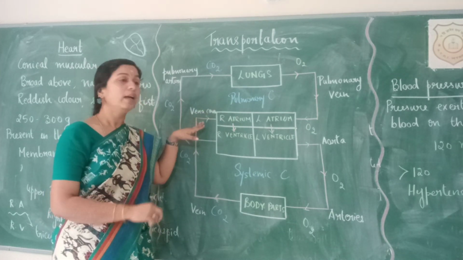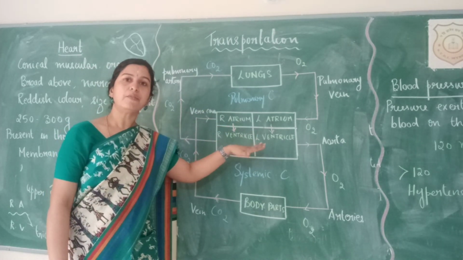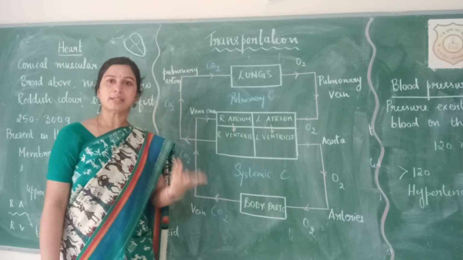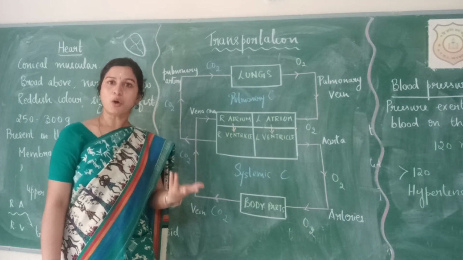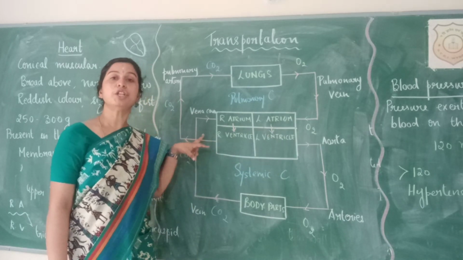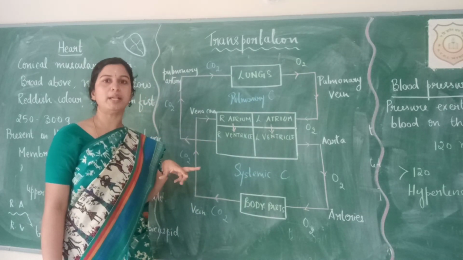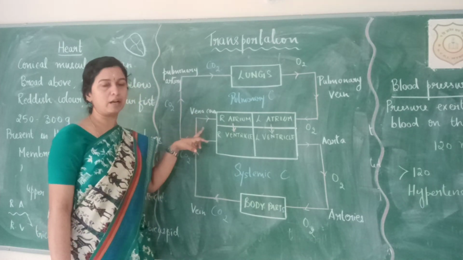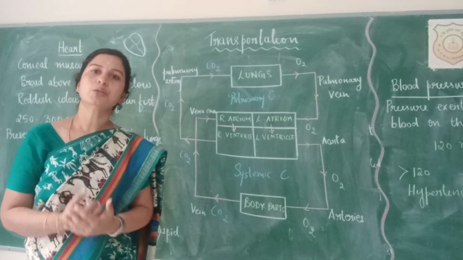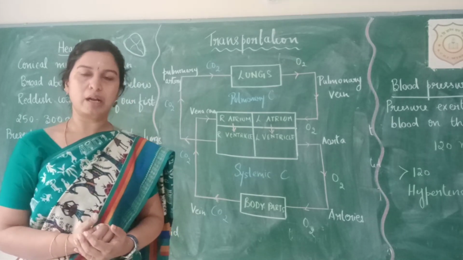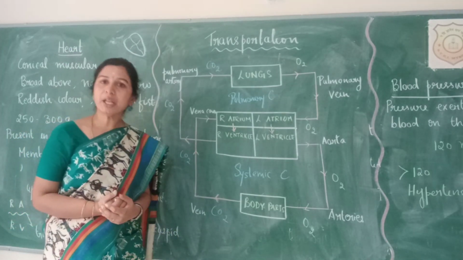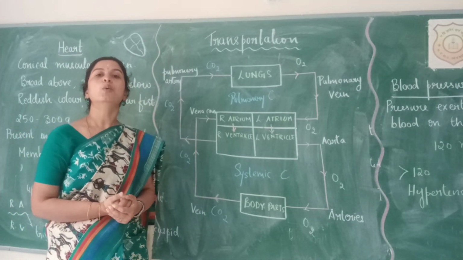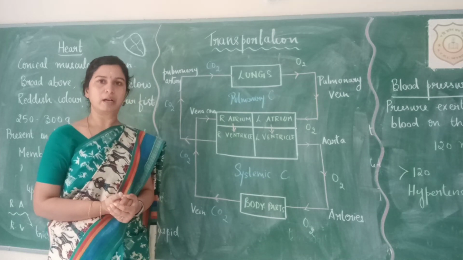Okay, and which is the giant artery which takes the blood and passes it to the different small arteries? That is the aorta. And which giant vein will take it from different veins and bring it back to the heart? That is the vena cava. Also remember there are two types of vena cava: the superior vena cava and the inferior vena cava.